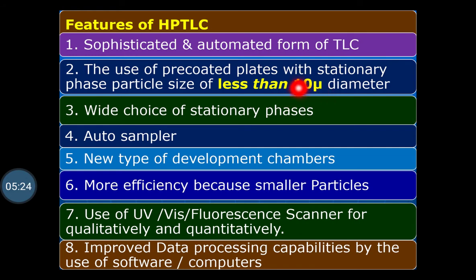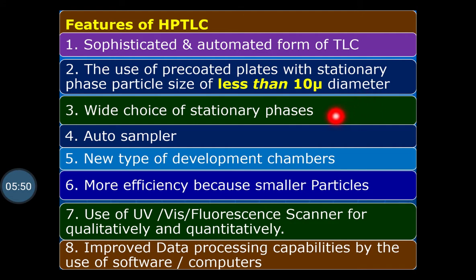Generally, the support is given by alumina and the particle size is less than 10 micron. Due to the decrease in the particle size, there is an increase in the efficiency of the chromatography because of the increase in the surface area of the adsorbent or the stationary phase.